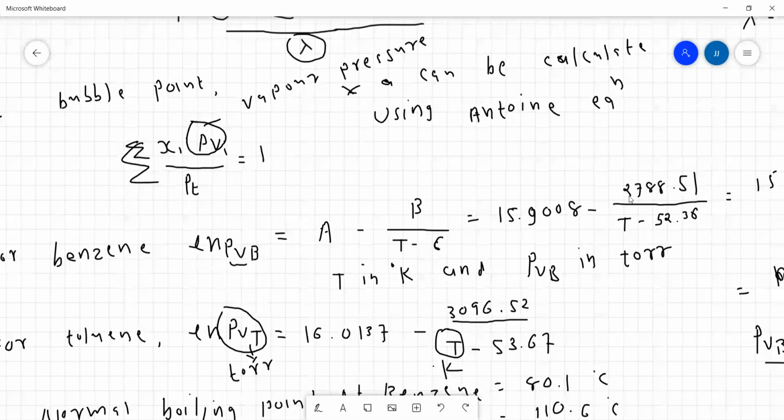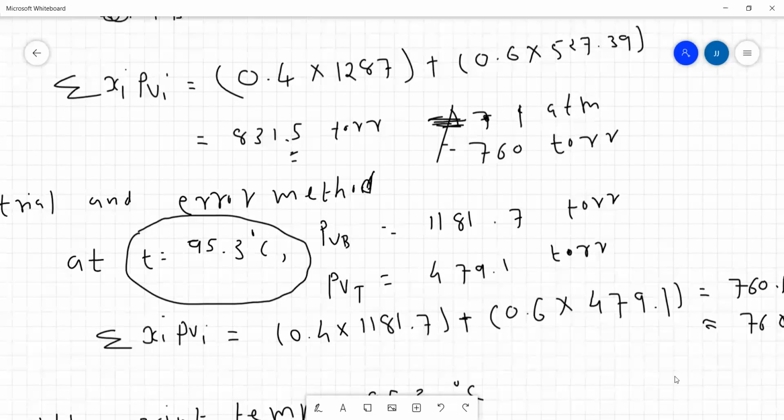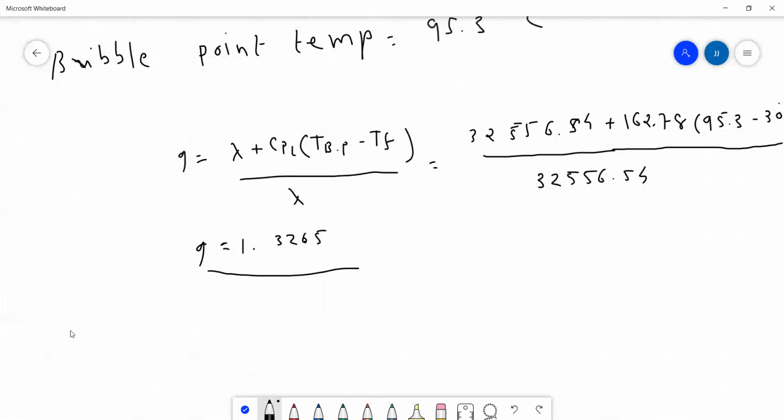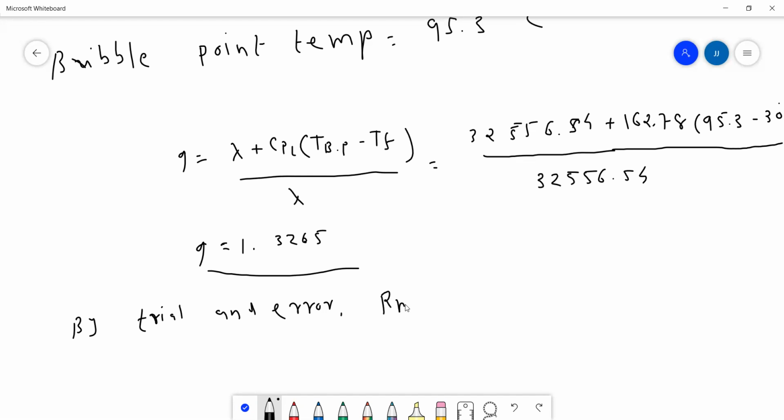So by trial and error, we get Rm is equal to 1.67.